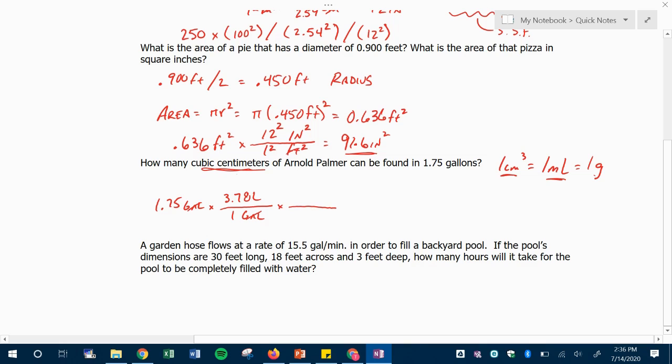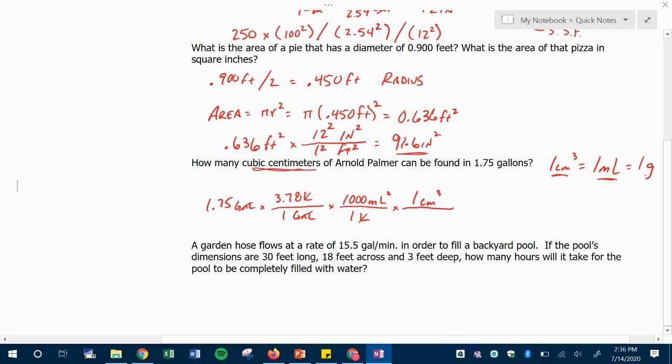Then our next step should be to convert liters to milliliters. For that, we know there are 1,000 milliliters for every 1 liter. And now that we're in milliliters, let's turn it into cubic centimeters. There is 1 cubic centimeter for every 1 milliliter.